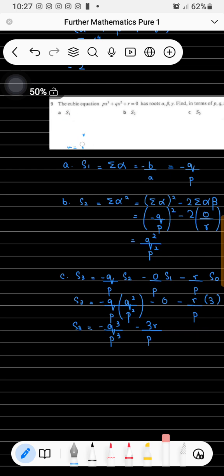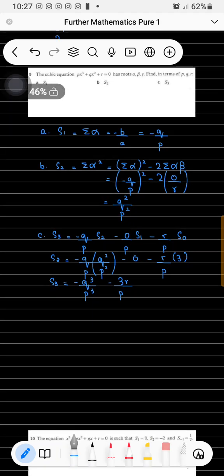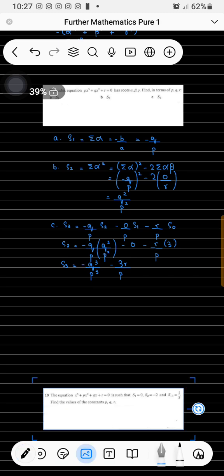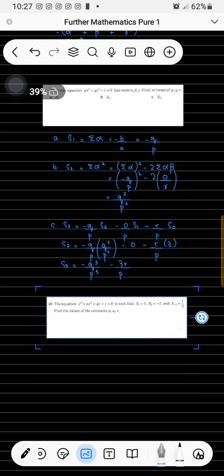Now we are moving to the last question of this topic. Okay, so now here is the last question for this topic.